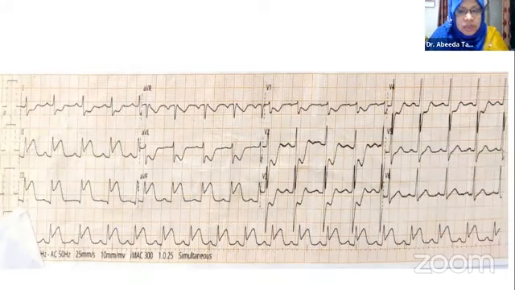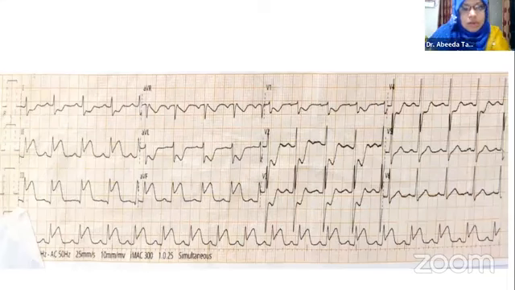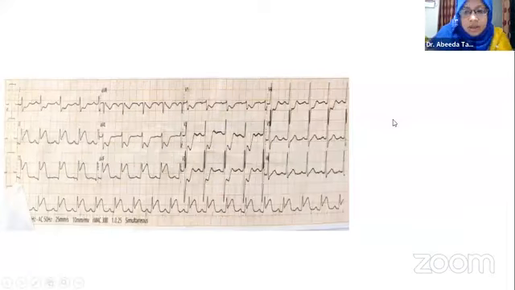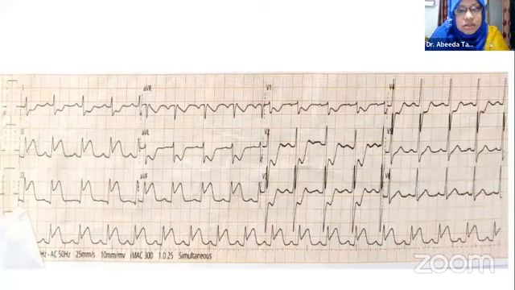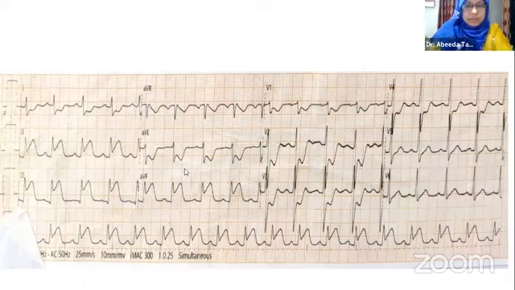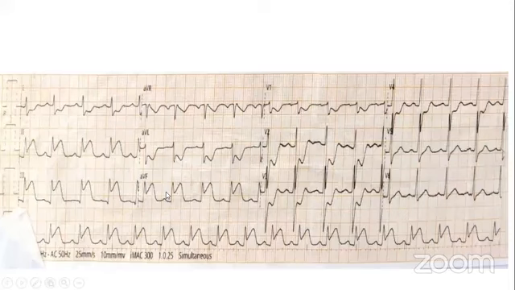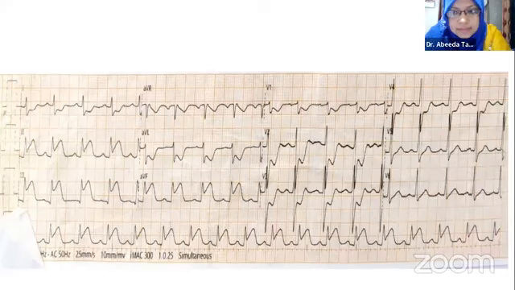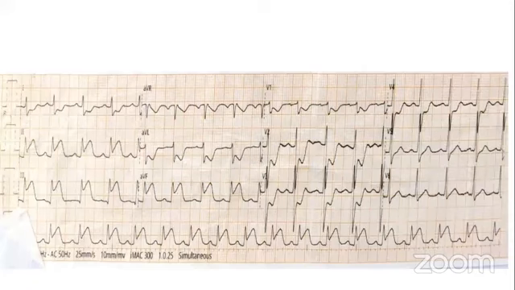So, if somebody wants to comment on this ECG. Invite somebody to raise their hand and comment on it. Tushar. I would have been happy. Hira Boni, can you please answer the ECG?